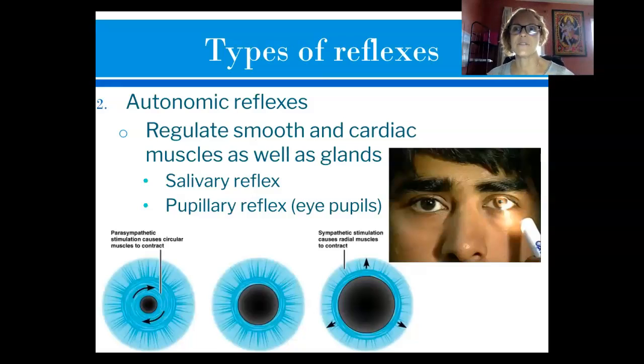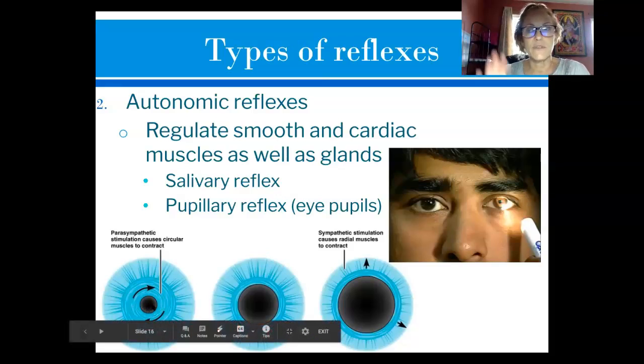Autonomic reflexes have to do with things that are serviced by your autonomic nervous system, either parasympathetic or sympathetic. So a reflex does not necessarily mean automatic or autonomic, right? They do happen without thought, but that's not necessarily autonomic. These are.